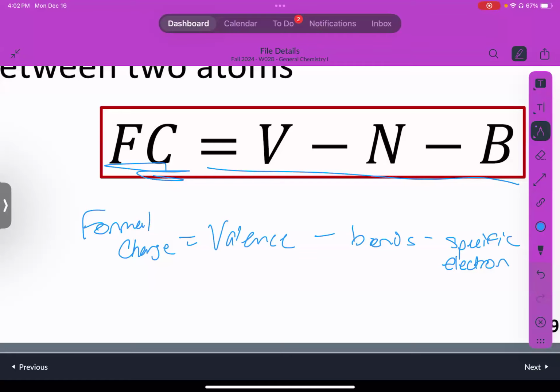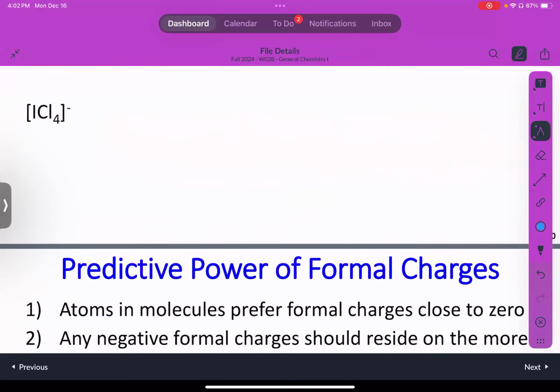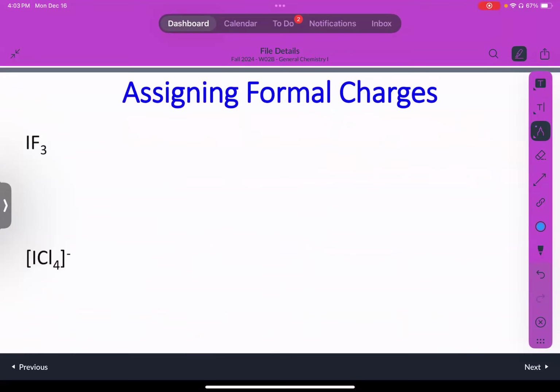That's essentially what it is. Does anyone want me to go over any examples with formal charges?